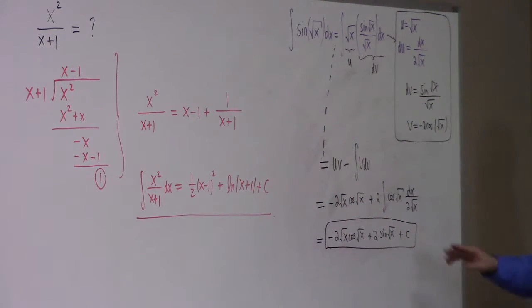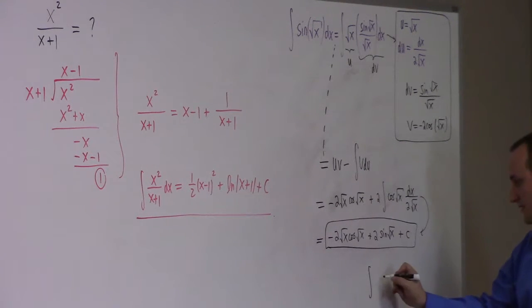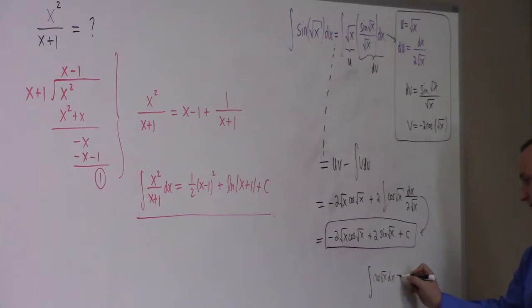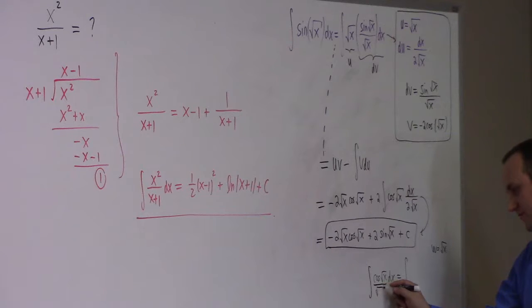Something like that. So the 2's cancel, and I have to integrate. I'll work it out down here. How do you integrate cosine of the square root of x over root x dx? You say, okay, w is the square root of x. I'm sorry, I have division by root x, that's important.